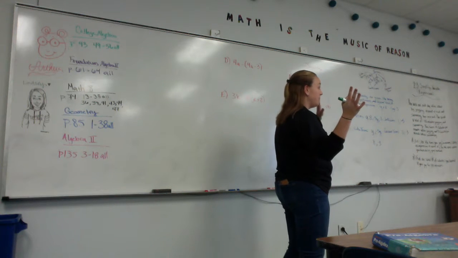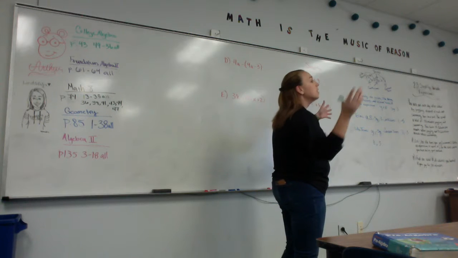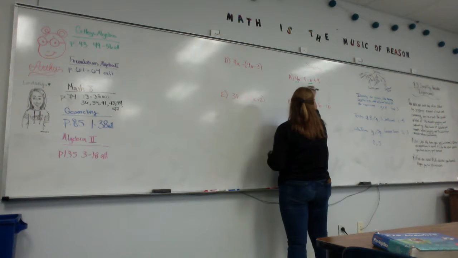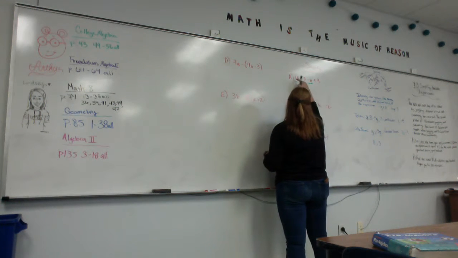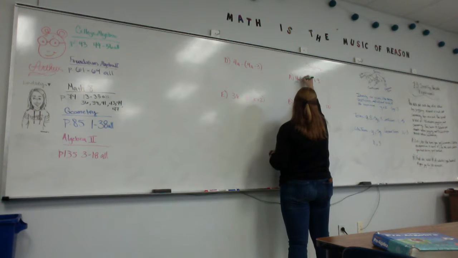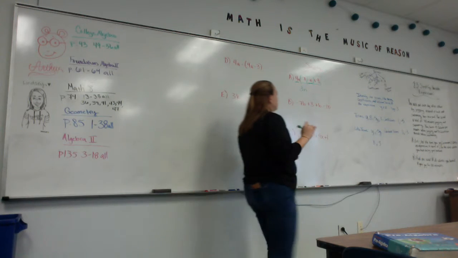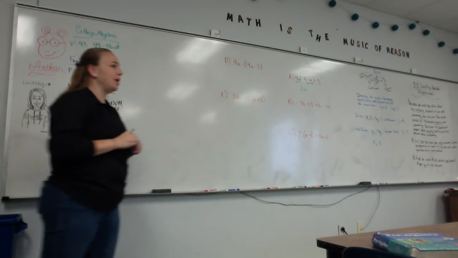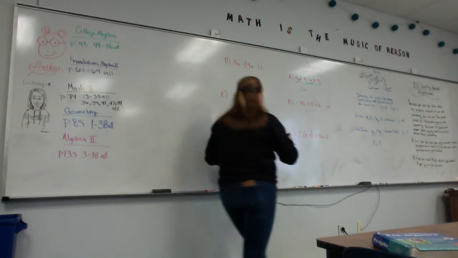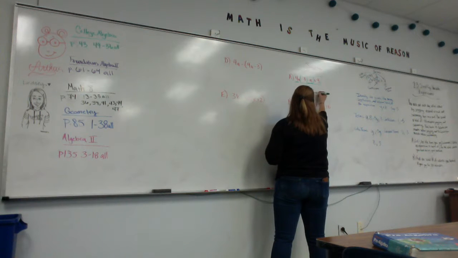Positive 3n. Good job, guys. That gives me 3n, because this is positive 4, negative 1. Then I have a negative 7 and a positive 9. What does negative 7 and positive 9 give me? Positive 2. So here is my simplified answer.